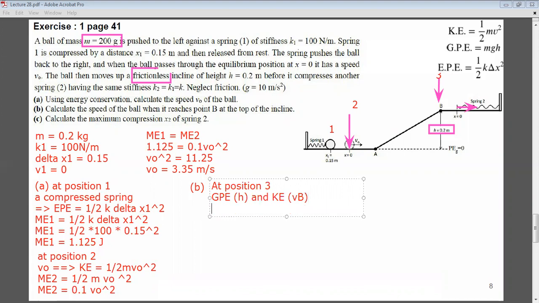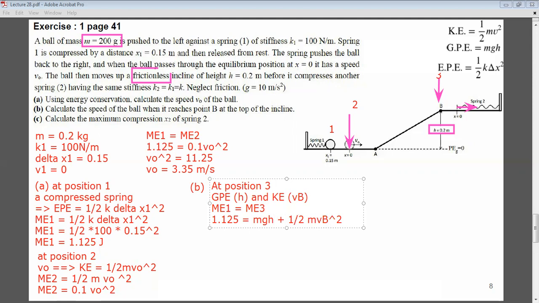So now we will say mechanical energy initial or mechanical energy at position 1 is equal to mechanical energy at position 3. Mechanical energy at position 1, we calculated it, it's 1.125. This is equal mechanical energy at position 3, which is mgh plus half mvb square.